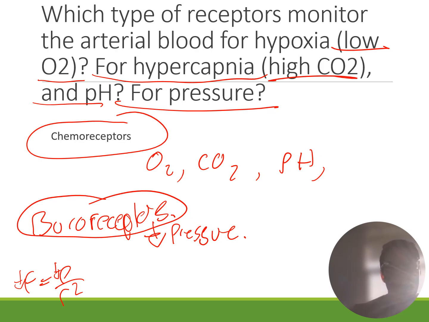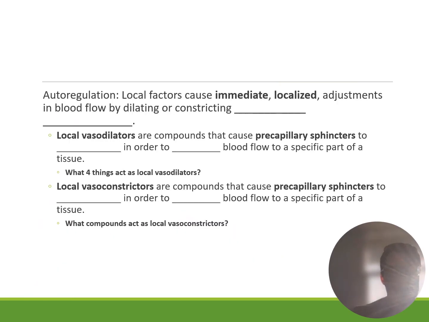If there is a decrease in pressure, this is going to stimulate a sympathetic response so that we can then increase tonicity to those vessels, and we can redistribute blood to the brain or to the heart. So we have three ways in which we can redistribute blood flow: at a local level, through autoregulation.